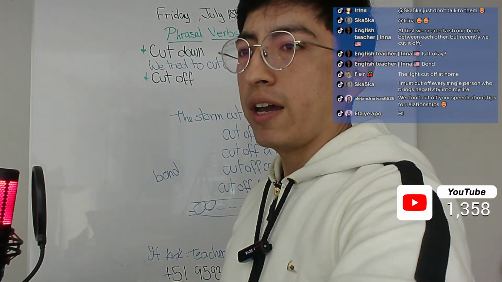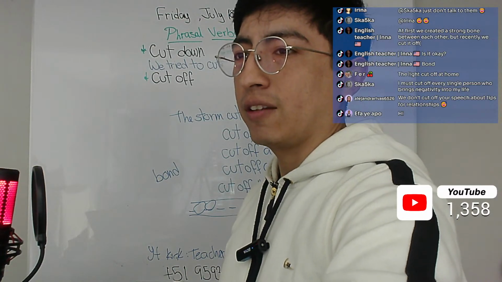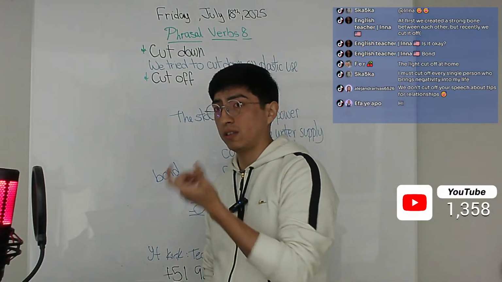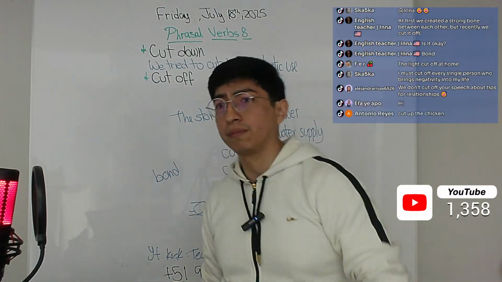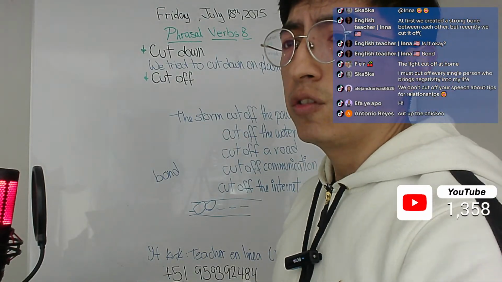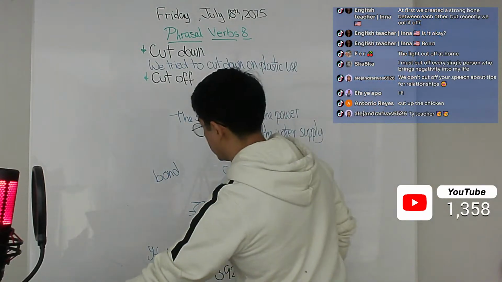Bilbao, hello, how are you doing? "My mother used to cut off the bread into pieces." No, we can't say that. We just say cut into pieces. It's not necessary to use off there. Guys, copy this. I need to cut off.